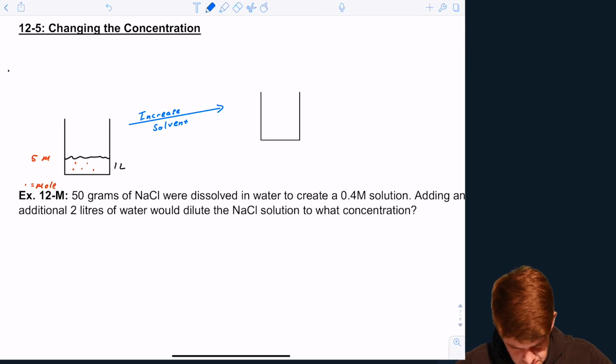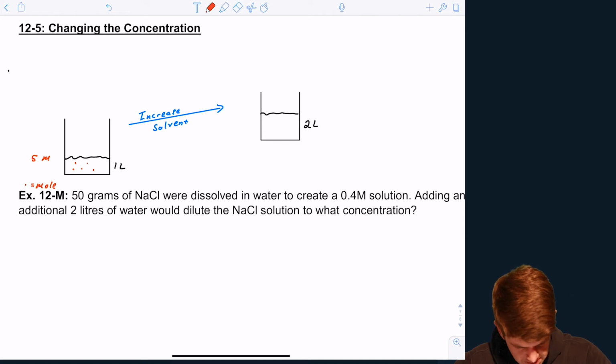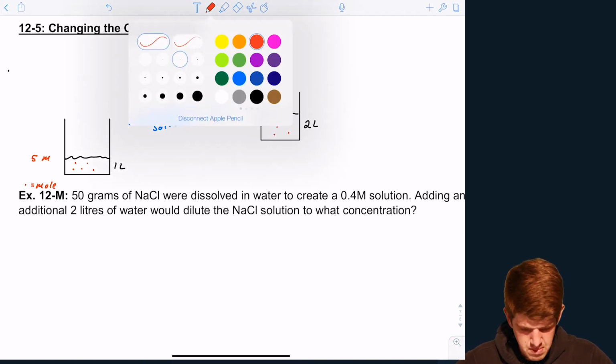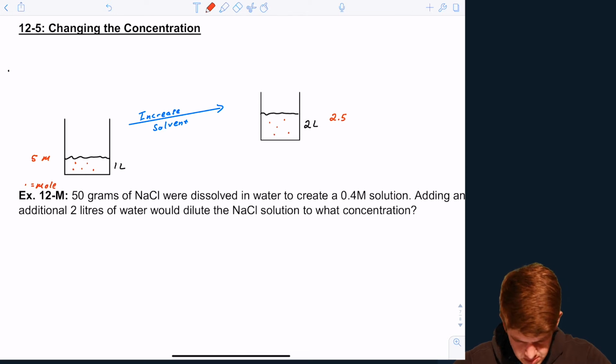Let's say I double my solvent. Now I have 2 liters. My solute is still the same. So my new molarity would be 2.5. 5 divided by 2 gives us a concentration of 2.5 moles per liter.